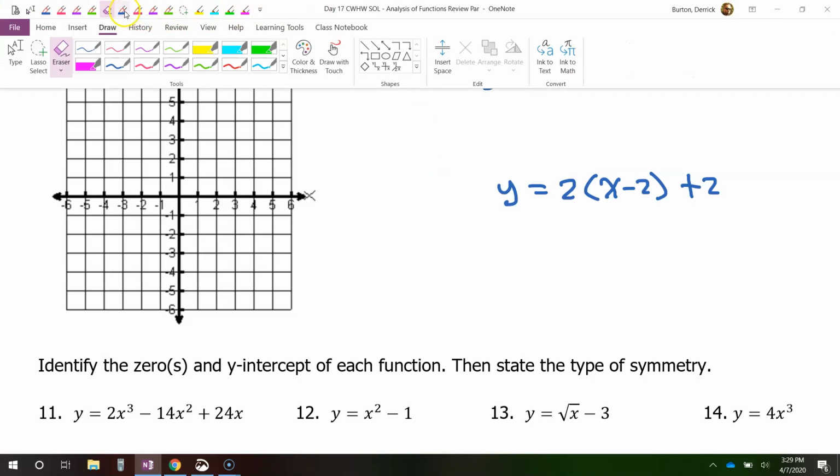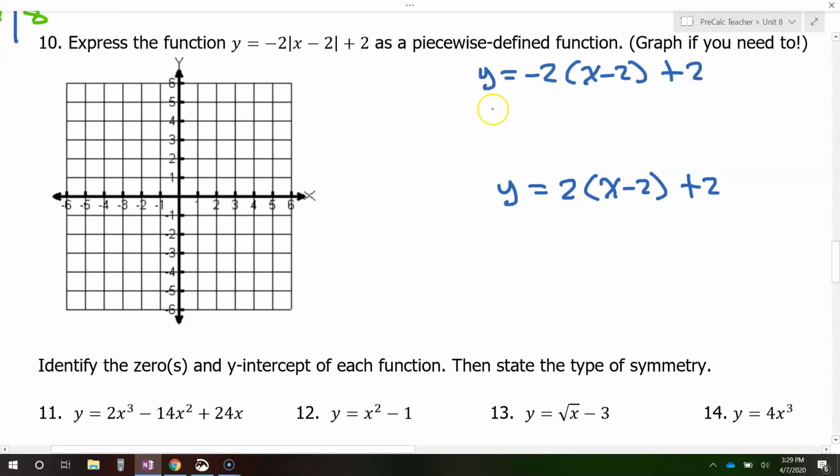So let's follow through on this. This is going to give me y equals -2x plus 4. Right, I'm doing the distributive property, so I'm getting a +4 plus 2, and then that's going to give me y equals -2x plus 6.